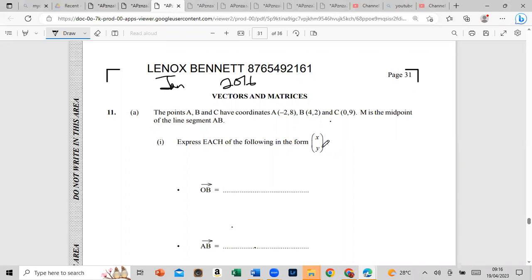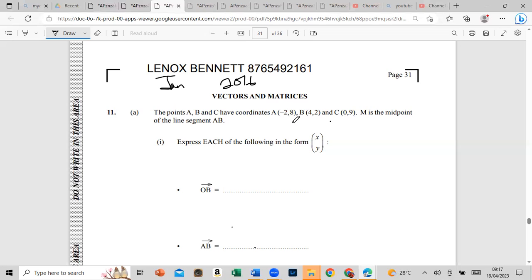Alright, so it says the points A, B, and C are coordinates. So A is negative 2, 0, B is 4, 2, and C is 0, 9. M is the midpoint of the line segment AB. Express each of the following in the form of a column vector. Again, we want you to express it as a column vector.